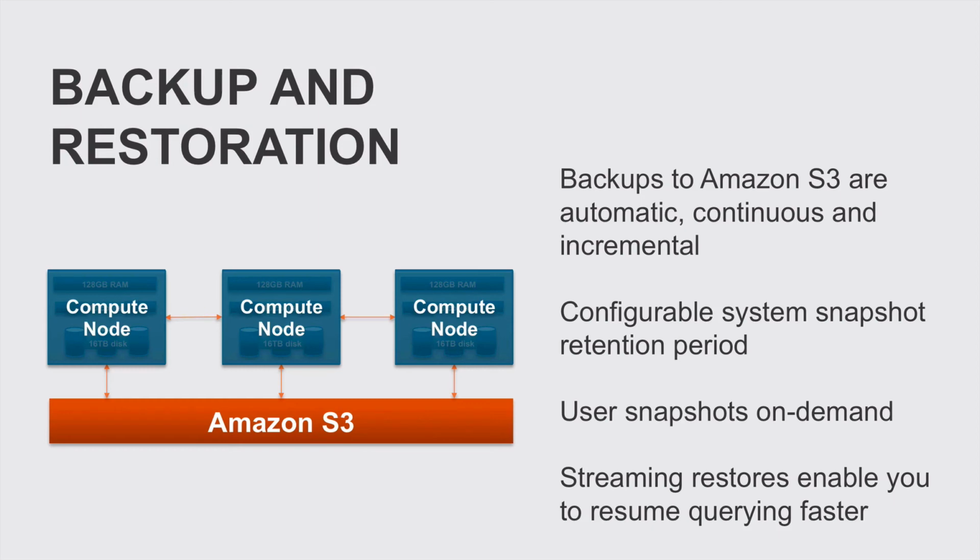And when you come to need to restore data from Amazon S3 to your Redshift cluster, that restoration process uses streaming, so the query functionality within your cluster will be available much more quickly than with traditional restoration processes. So at any point you can restore a cluster from snapshot and make it available for you for querying.